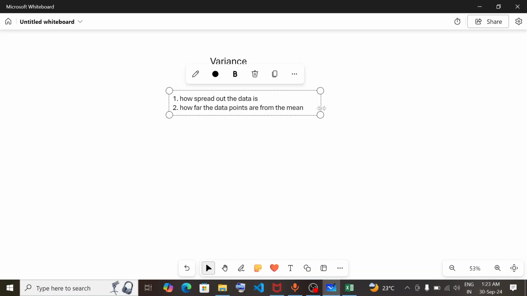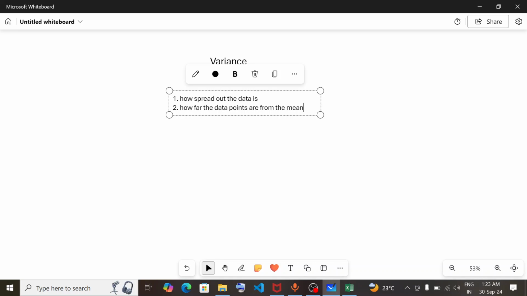Variance is used to understand how spread out data is. It gives you a number which shows how far the data points are from the mean of your data, and it's very useful to understand the data distribution.